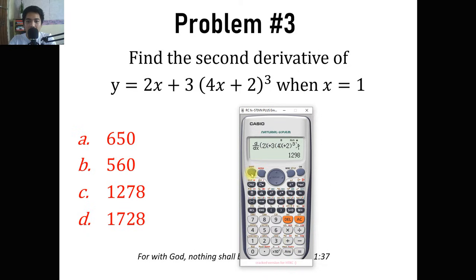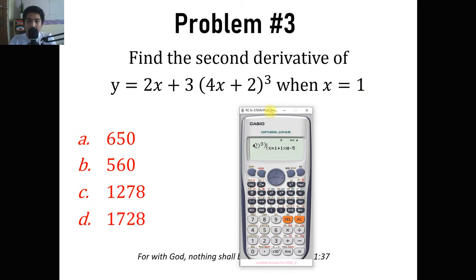And then we are going to store it in our variable A. Then we click replay and the left button here. Same process just like we did a while ago. We will be adding 1 times 10 raised to negative 5. Of course, because it has a specific value for x, we have to input that.